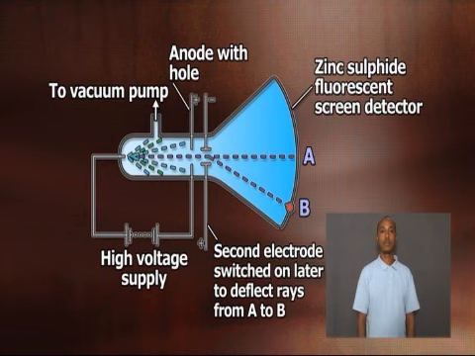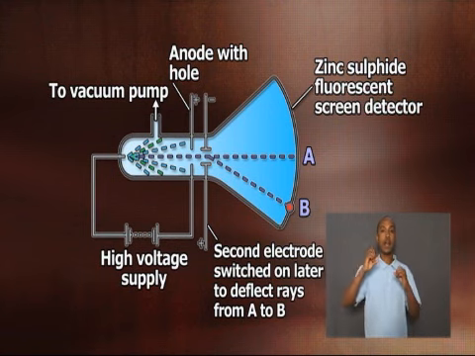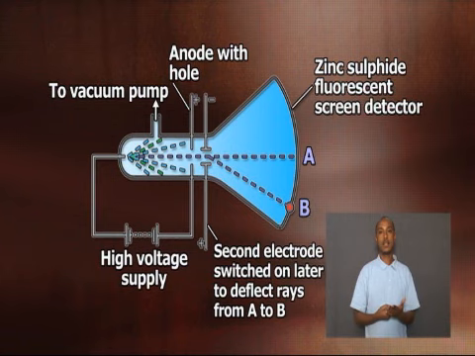When the current is turned on inside the tube, a ray of light can be seen at the anode, which originates from the cathode and travels in a straight line. These beams are called cathode rays.